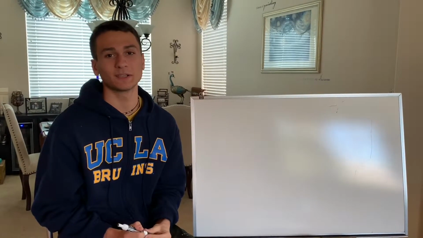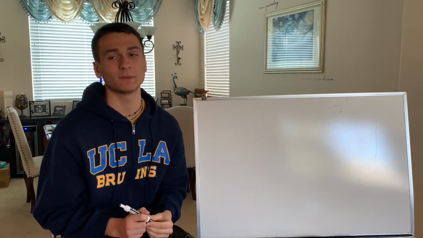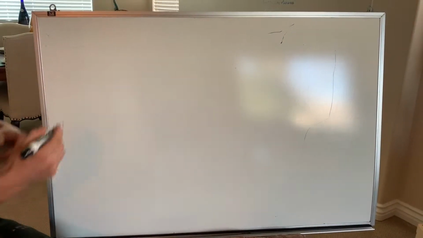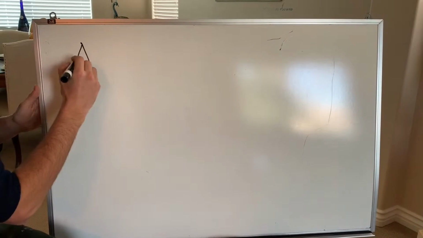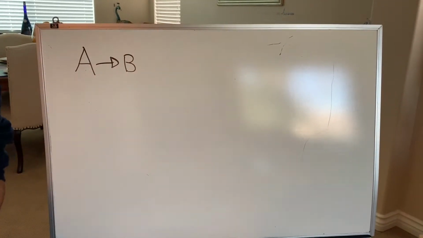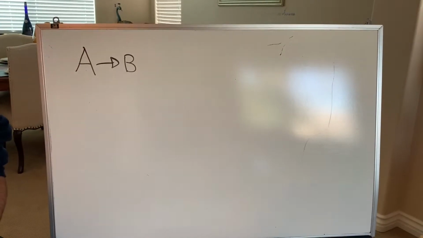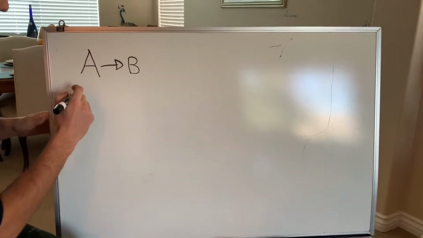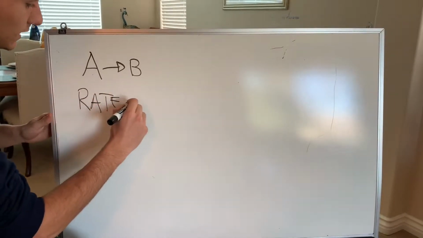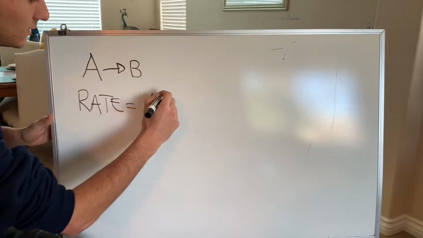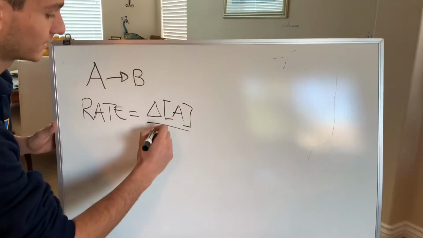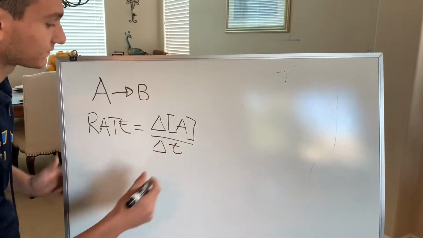When we're talking about kinetics in chemistry, we're talking about how fast a reaction occurs. If we consider just a simple reaction, for example, A turns into B, the reaction rate, which is the change in concentration per unit of time, would be rate equals the change of concentration of A per unit of time.